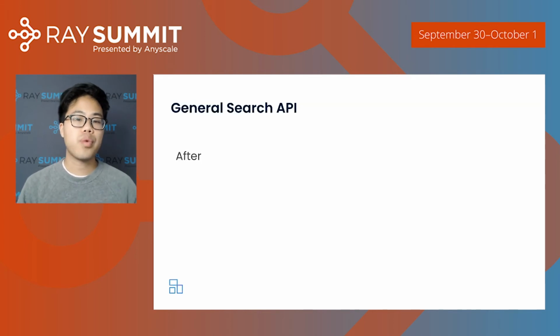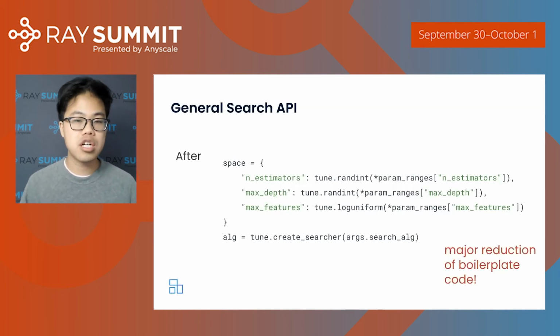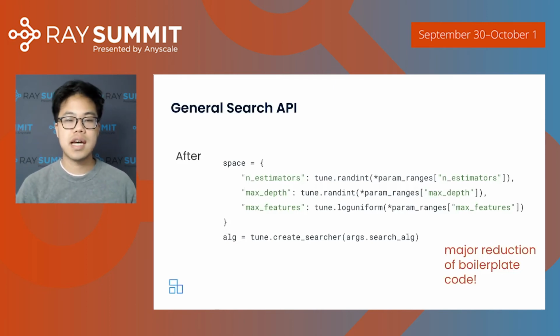So with this new Ray release, we're introducing a unified search space API. With this API, you can now try out and toggle Tune's different search algorithms by simply toggling one line of code. This frees up almost hundreds of lines of boilerplate. And here we have on the screen the same exact expression of the previous slide that we saw, which you would have had to do in the previous Ray release.